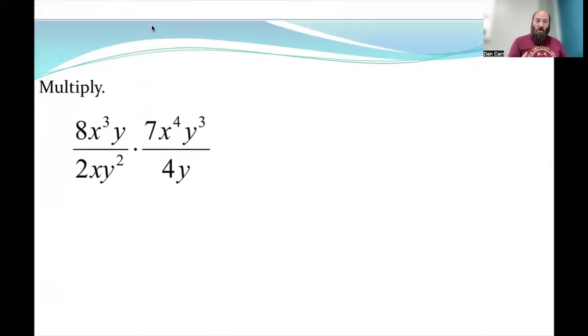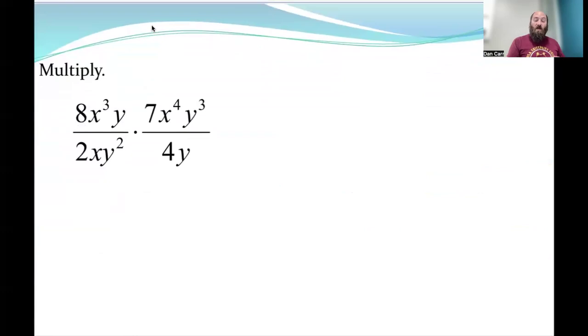What we're going to do here is very similar. It's just that we're going to add a little bit extra with our variables and our exponents, basically. So when we look at this one, we can simplify vertically, we can simplify diagonally, and then we multiply across when we're done. So for example, 8 over 2, I could divide by 2 is 1, divide by 2 is 4.